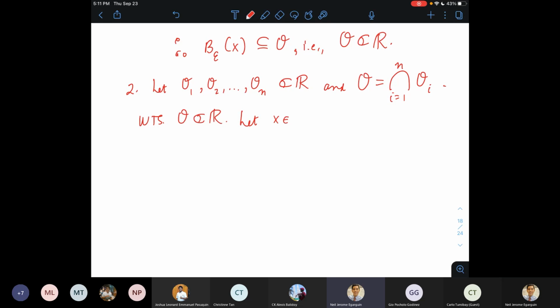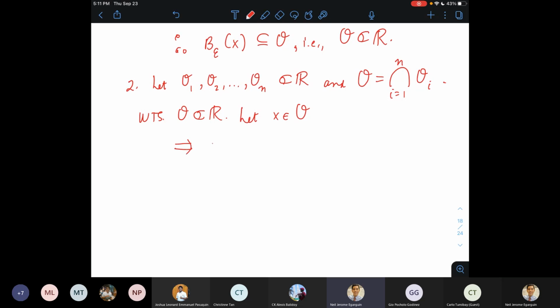So I'll choose X to be an element of O. Pero dahil si X ay element ni O, at si O ay intersection ng mga O sub I, ibig sabihin, si X ay element ng O sub I for all I starting from 1 until big N. Kasi nasa intersection siya ng mga O sub I. To be in the intersection, you should belong to all of the sets inside the intersection. So that means X must be in every one of the O sub I's.